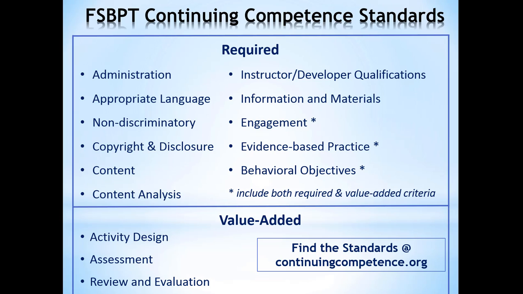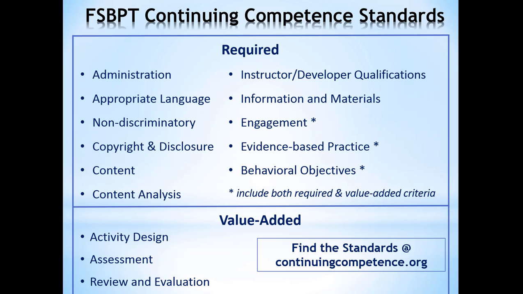And then we have the hybrid standards: engagement, EBP, and behavioral objectives. Within those standards, there are certain criteria that must be met, but there are also opportunities for vendors to achieve extra credit or value-added credit. This will become much more clear as you complete your training.